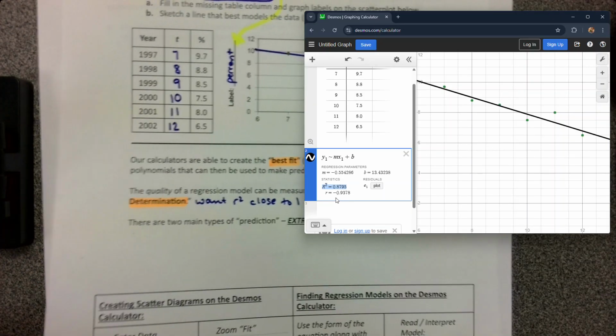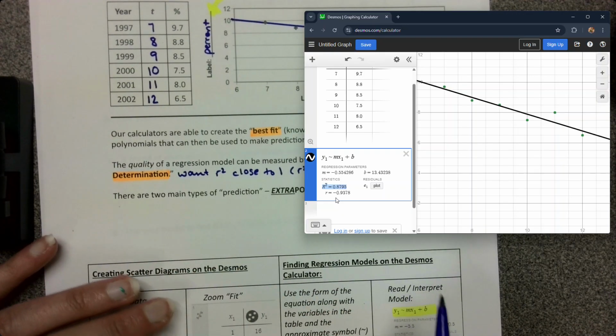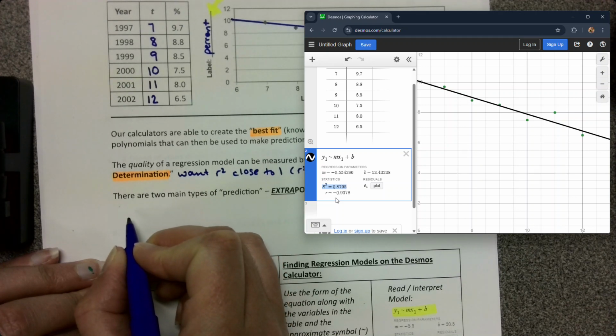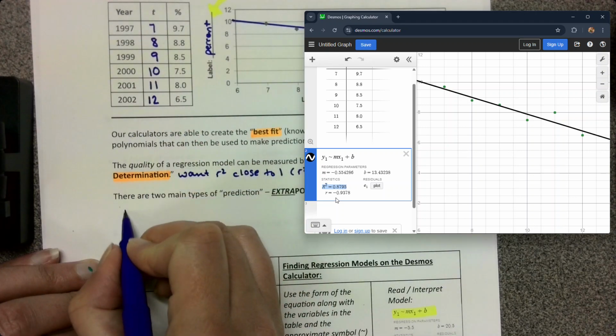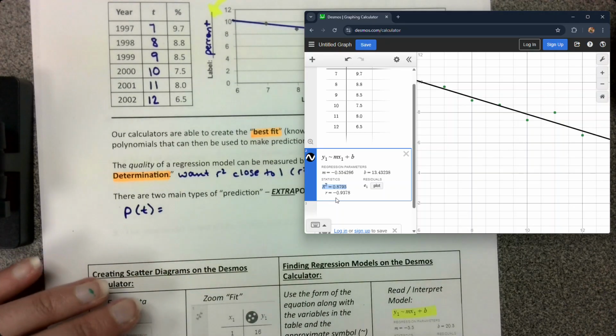Okay, so I'm going to write my model down here, and then I'll talk about this line right here. So my model, it says P. I'm going to call it P instead of Y. I'm going to use P of T equals.